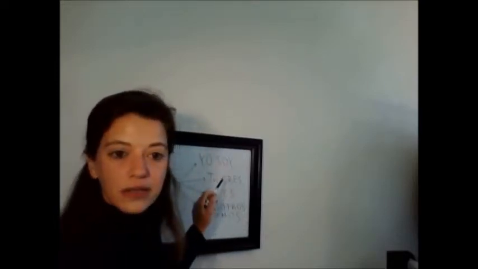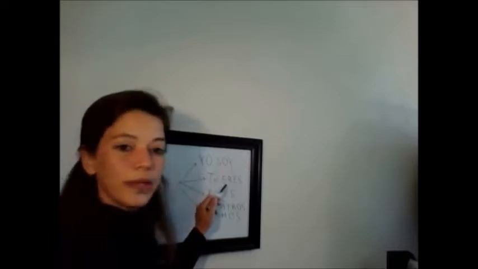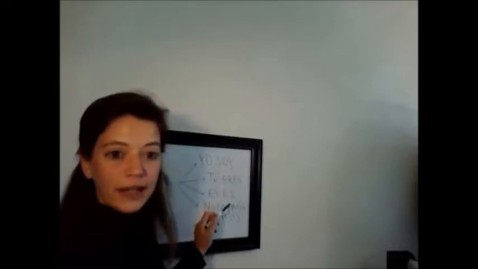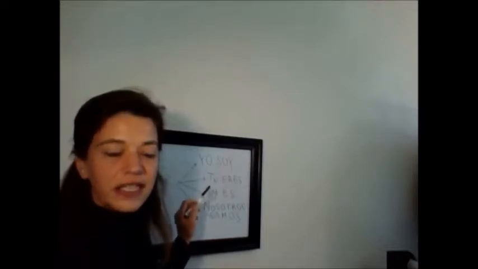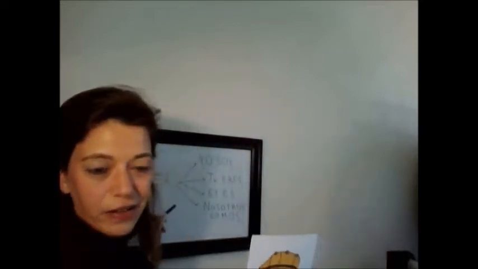Second person, singular, tú eres. Third person, singular, él es. She is, he is, it is, etc. That's what I'm saying. I'm saying this is, I'm using the verb ser.